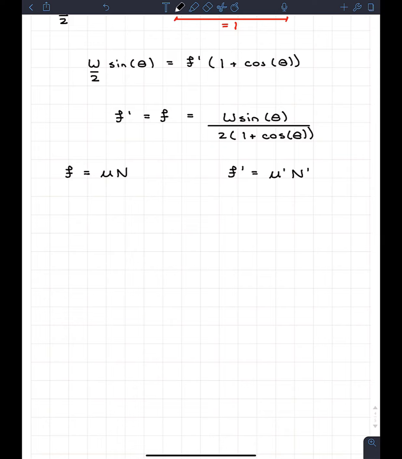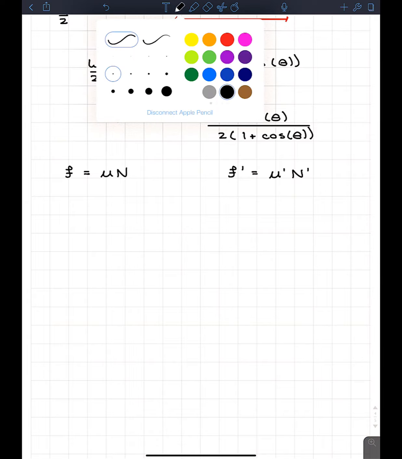F is equal to mu times n. The second it gets anything smaller, the second it changes, well, then we got a big problem. A really big problem, because our friction force exceeds that and things are going to start slipping. So what we're going to do is we're going to rearrange both of these equations.